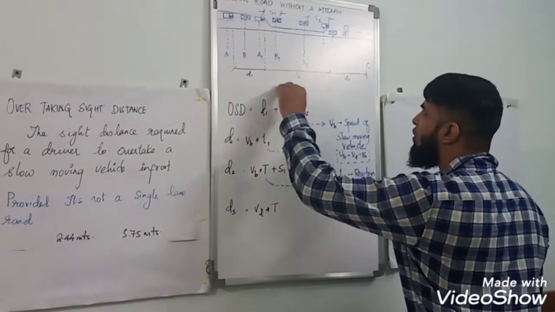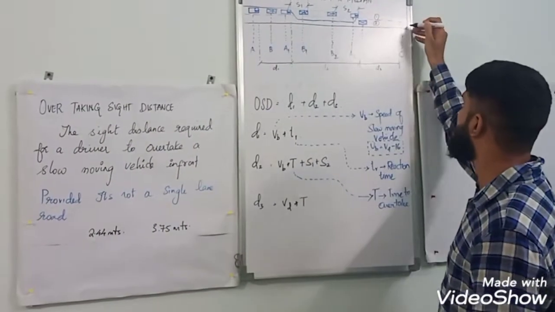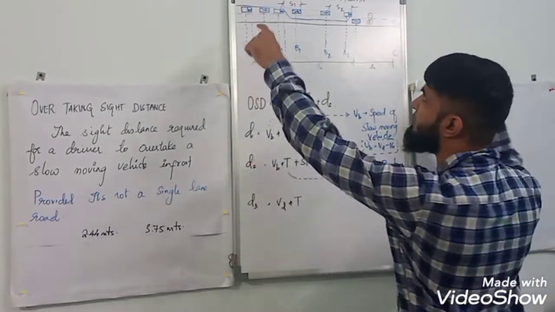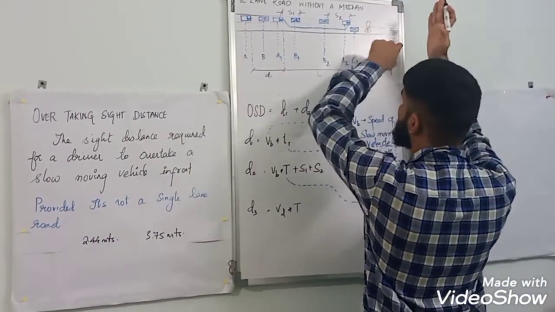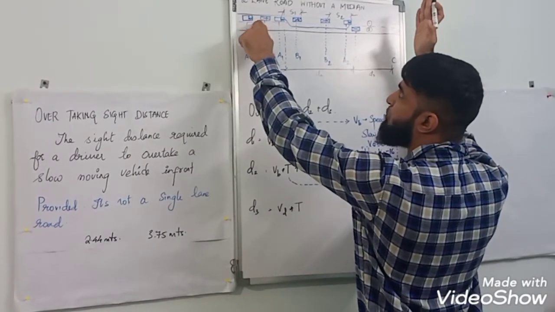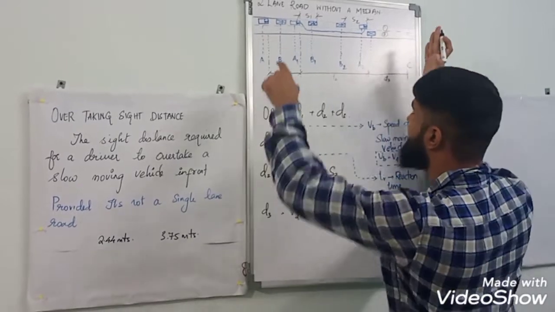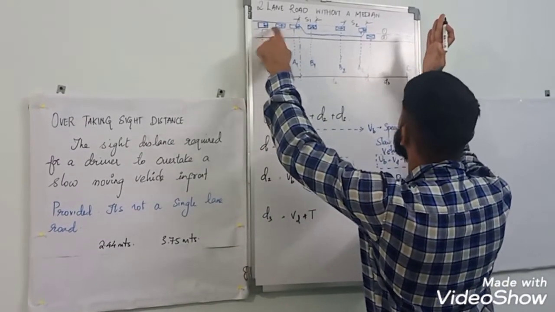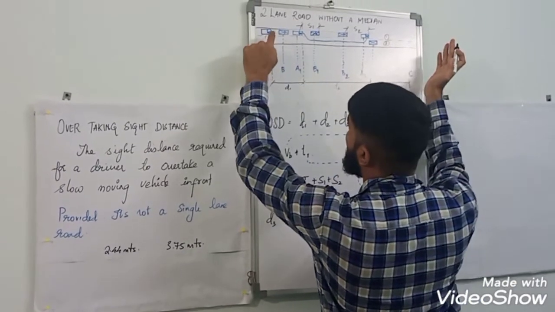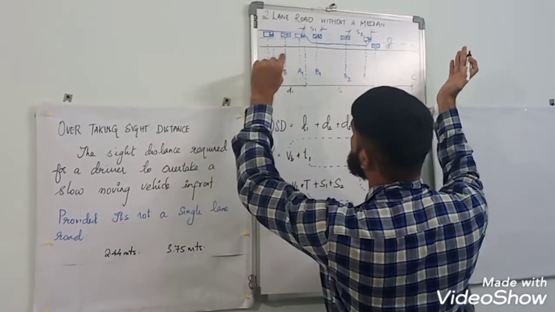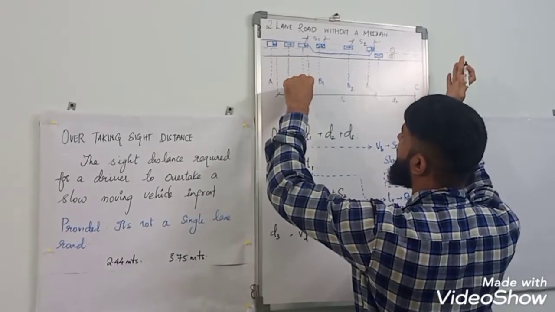So if you know all these things, if the vehicle is able to see this much amount of distance, provided it should not see vehicle C at this point, rather it should be seeing vehicle C at this point. I will repeat, vehicle A should not be able to see vehicle C at the position A, rather it should be able to see vehicle C at the position of A1.